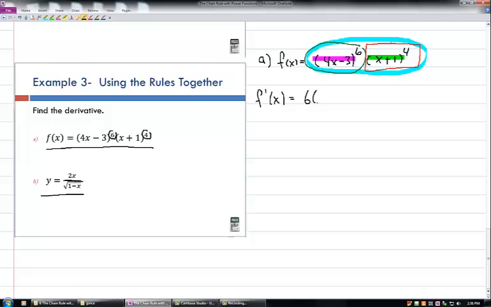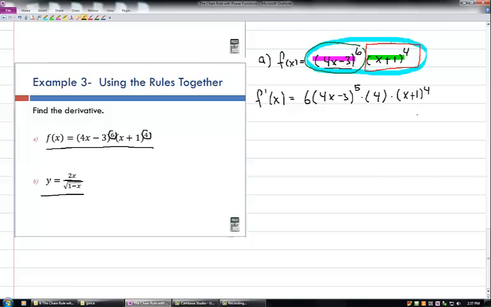So now I'm using a chain rule in the first function to take the derivative of it. So 6 times 4x minus 3 to the 5th power, that's the derivative of the outside, and then don't forget, multiply by the derivative of the inside, which is 4. Here's my inside function, so the derivative of 4x minus 3 is just 4. And then I'm going to multiply by the second, so x plus 1 to the 4th.